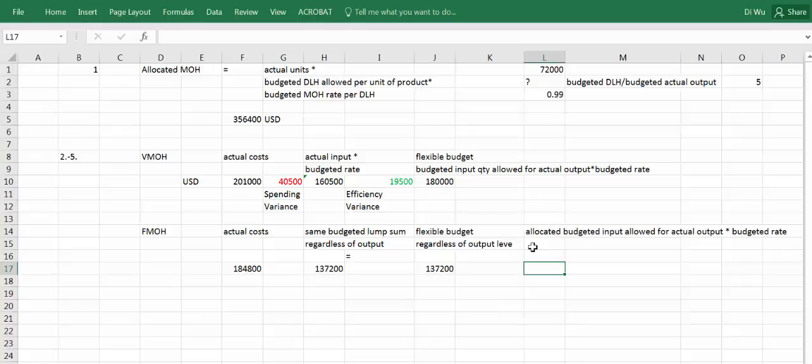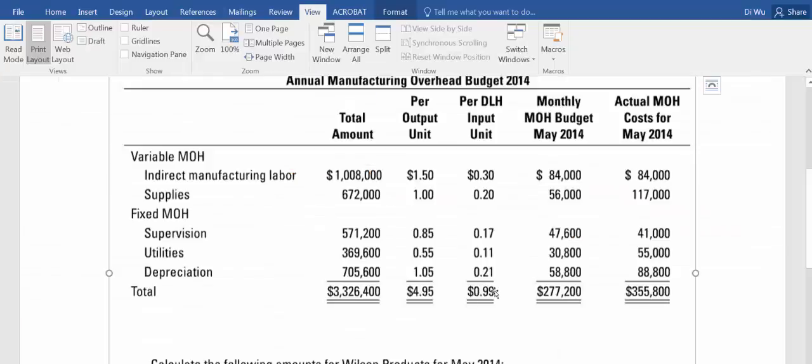When we come to the bottom, the production volume variance comes from somewhere to balance the overall variance analysis. That's the purpose of having it. So I'm going to figure out the budgeted rate, and then find the allocated budgeted input allowed for actual output. That's going to be pretty much the last complicated calculation. After that we can figure out the variance analysis. So let's go back to the table again. This is basically what you have here.